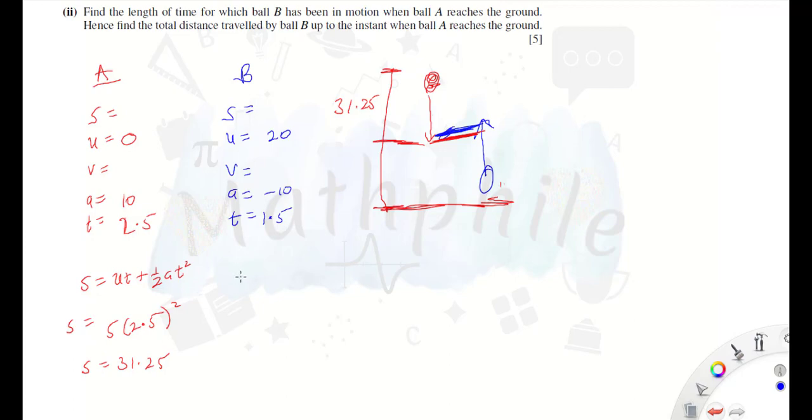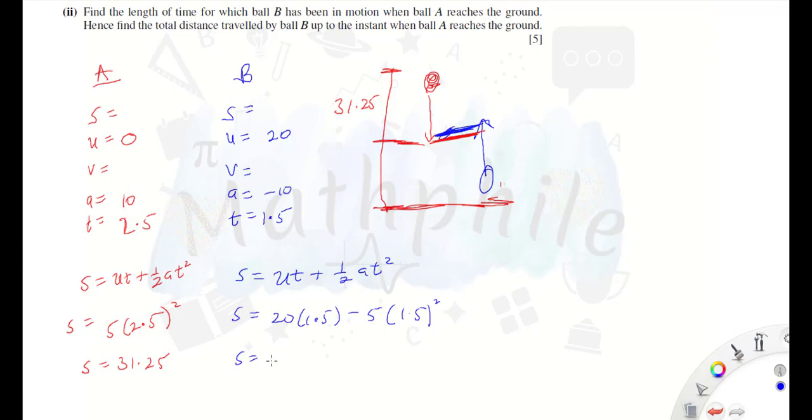For ball B we use the same SUVAT equation, S equals UT plus half AT squared. U in this case is 20, T is 1.5, plus, or let me say minus 5 so I skip the step, minus 5 times 1.5 squared. What would this give you?